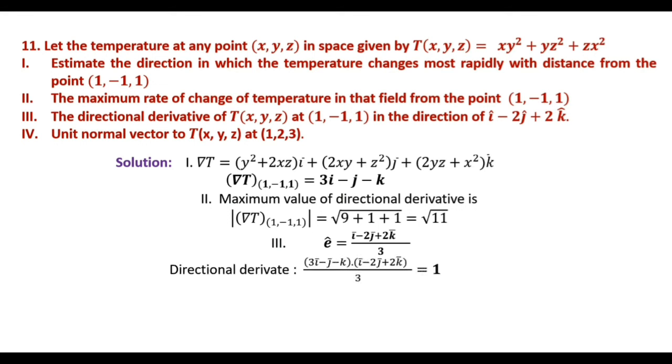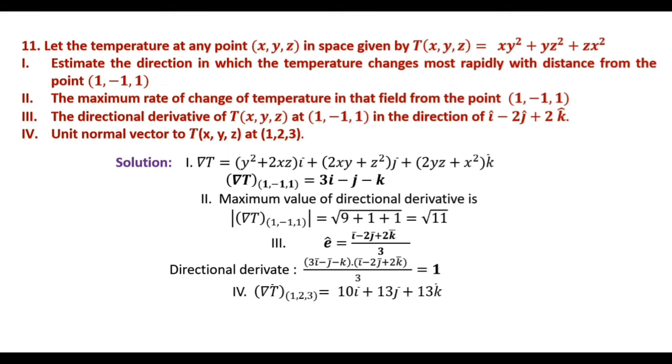The directional derivative will be del T at the point P dot this e bar. Already we have del T at the point P as 3i bar minus j bar minus k bar. On simplification, the dot product of two vectors gives a scalar, that is 3 by 3, which is 1. This is the required result of the directional derivative of the scalar point function, that is the temperature function at the point 1, minus 1, 1 in the direction of the non-zero vector.